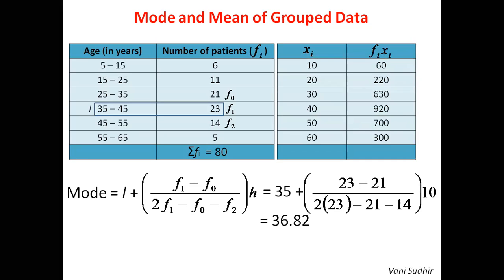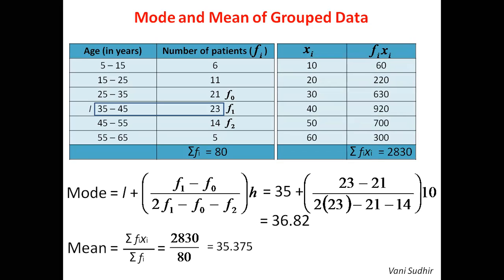The summation of fi xi is 2830. That will give the sum of the observations. Now mean is summation of fi xi upon summation of fi, which is equal to 2830 upon 80, which is equal to 35.375.